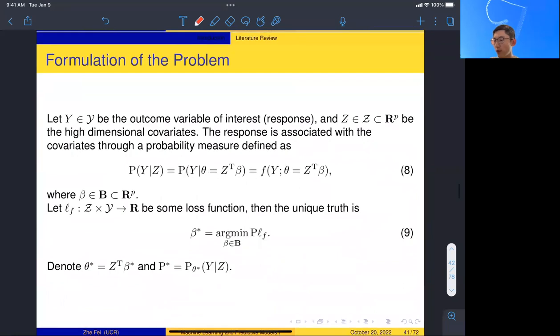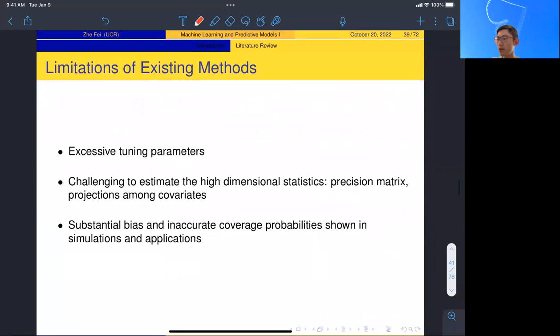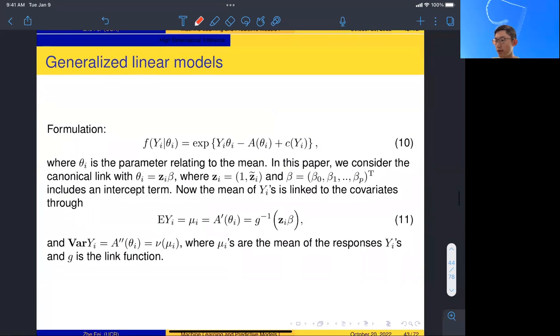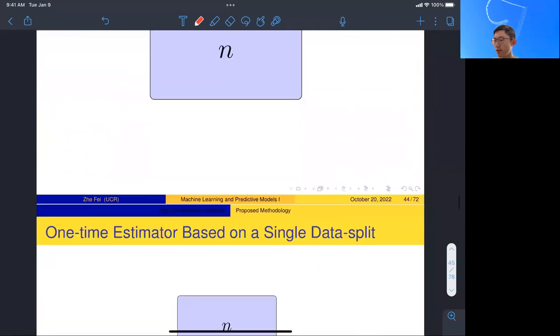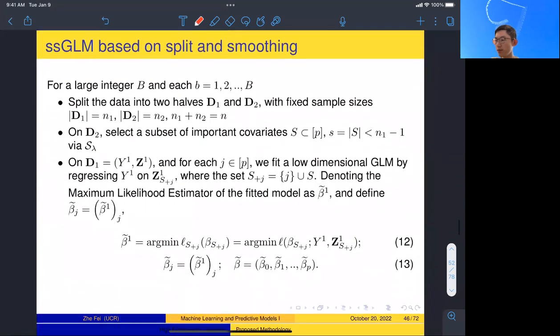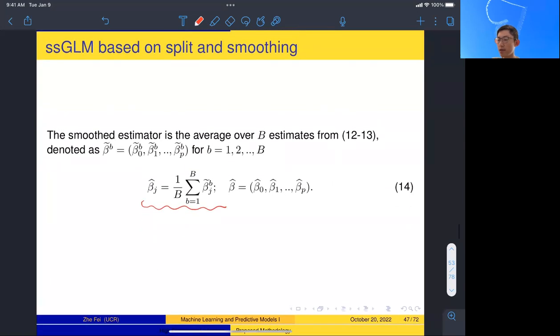I wanted to introduce some methods that we developed on our own in order to do this inference. The idea here is that we use the resampling idea, with more details to follow, and try to estimate our beta hat to be unbiased in the high dimensional case.